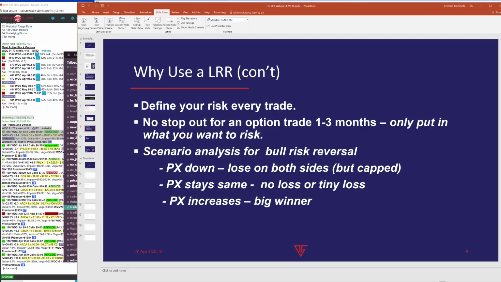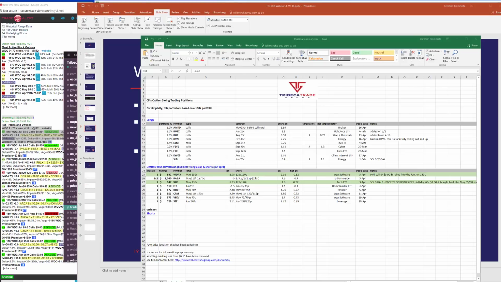So why am I putting these on, some of these just for a one lot? Because you could actually make a lot of money. Every time you put one of these on, let's say it's just for a one lot, you're only risking around $500, which is how I like to structure the trade. That's it, and that's all you can lose.